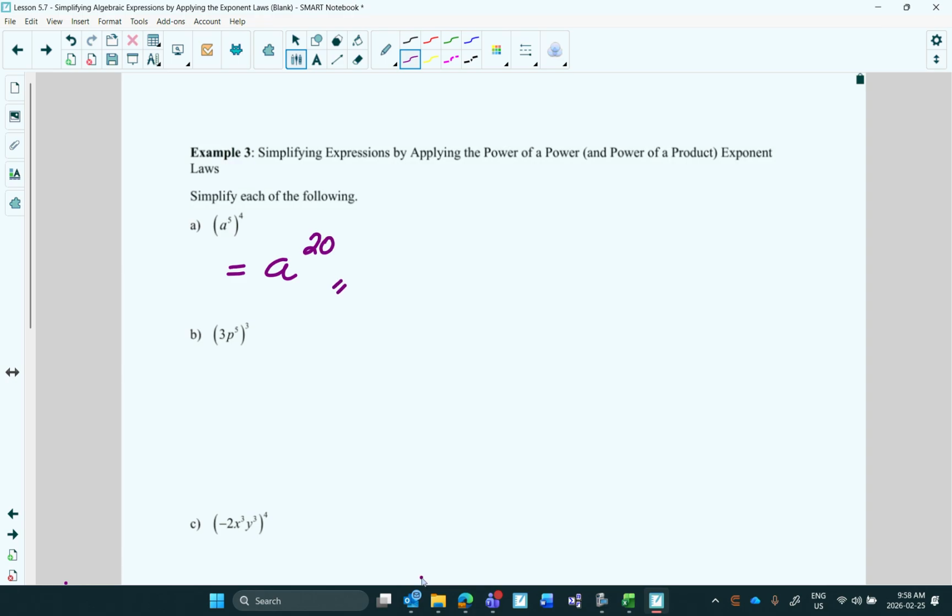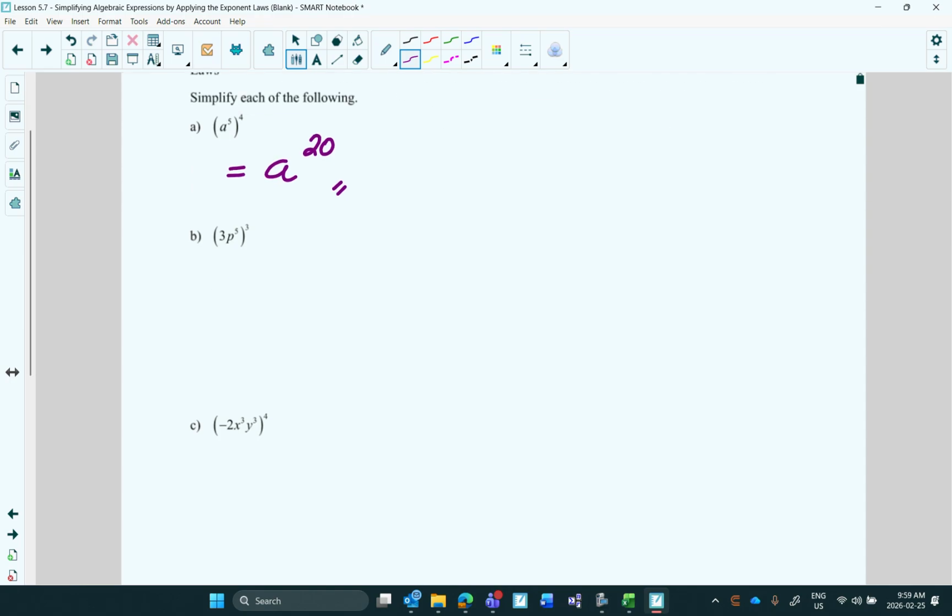These next two you got to watch out for. Remember, you have to raise everything inside to the third. This isn't an exponent law. This is just 3 to the third. So this means 3 to the third, and then p to the 5th to the third.